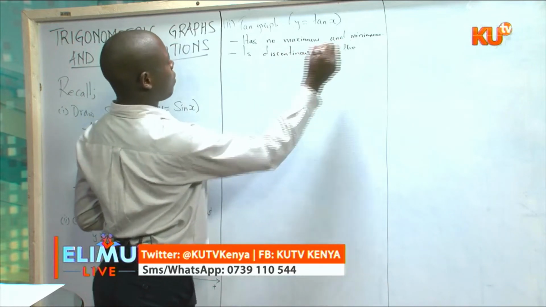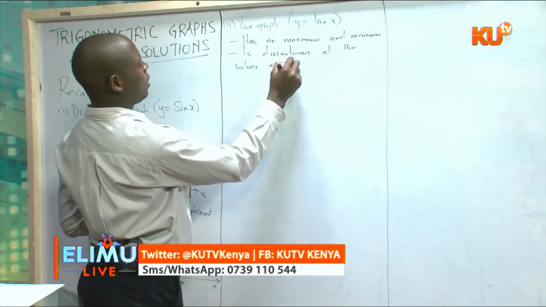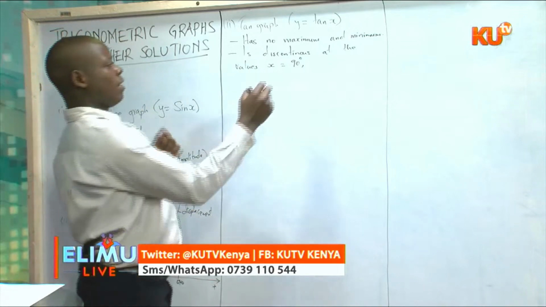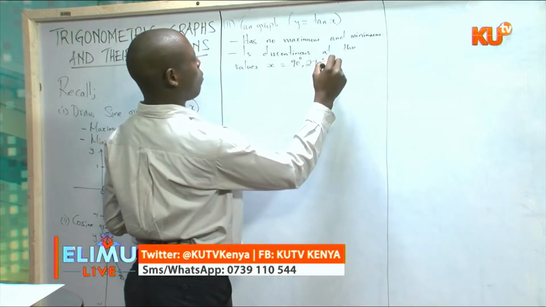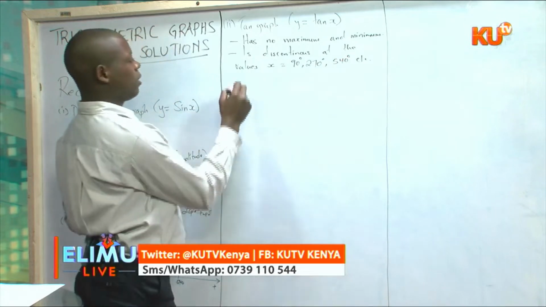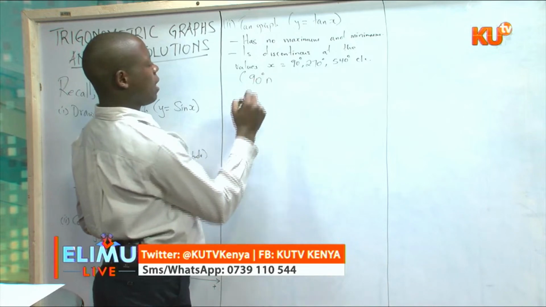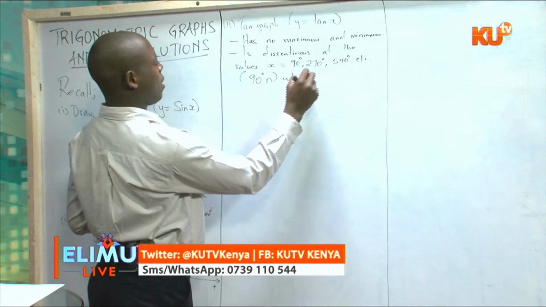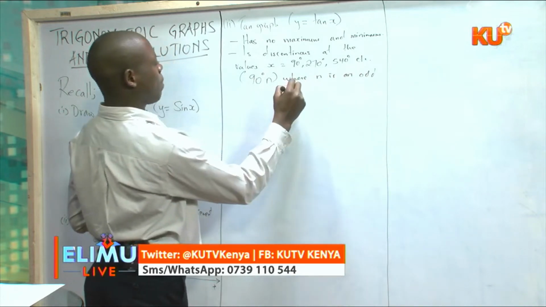It is discontinuous at the values of x equal to 90 degrees, x equal to 270 degrees, x equal to 540 degrees, and so on. In short, it is discontinuous at the value 90n, and in this case, n is an odd number.